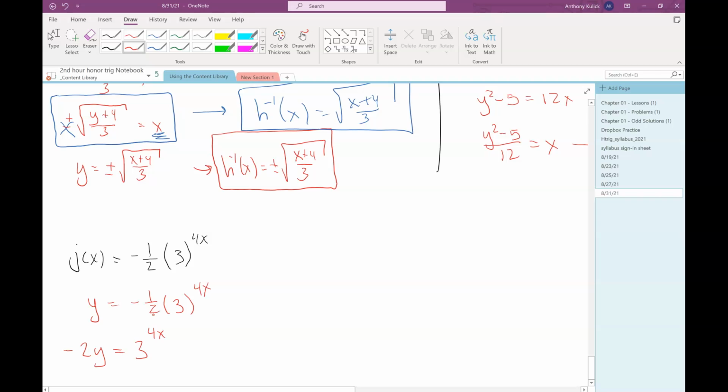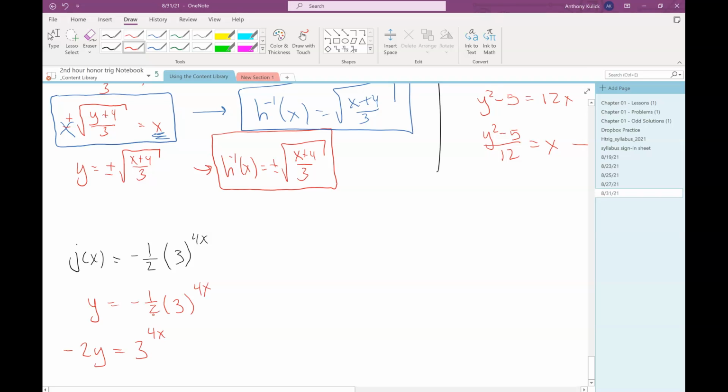Do you remember how to get rid of an exponent base of 3? We did this last year. Yes. Alyssa?